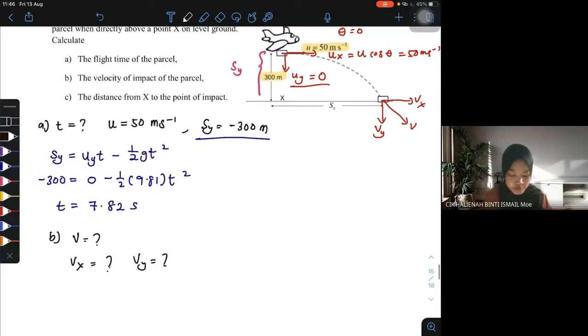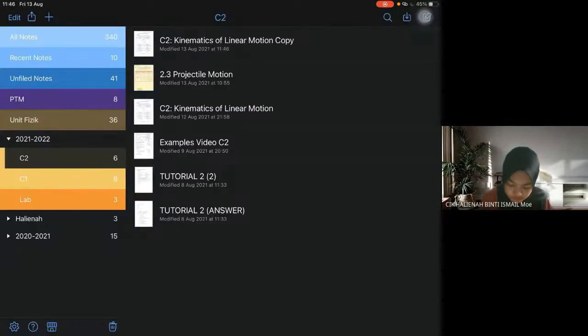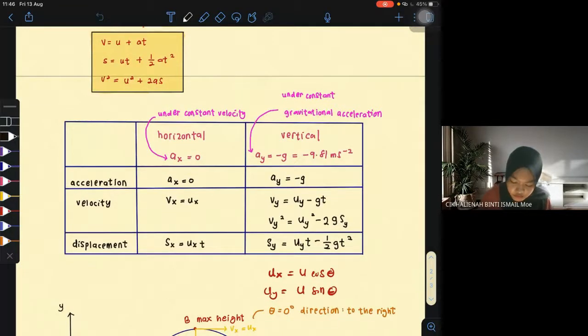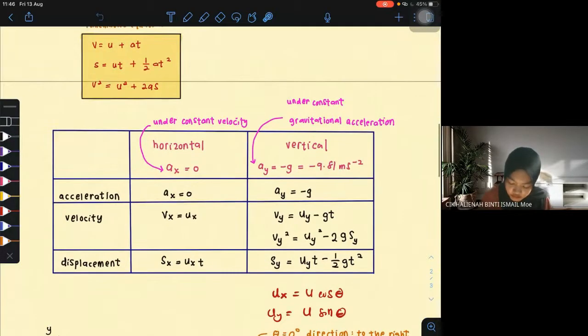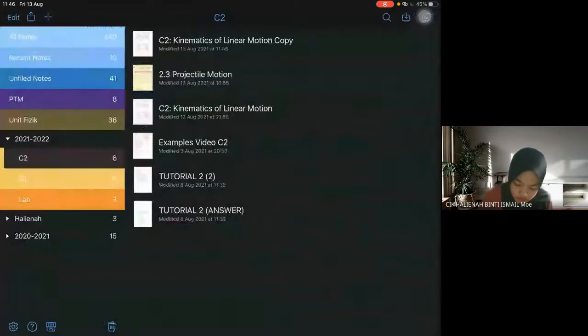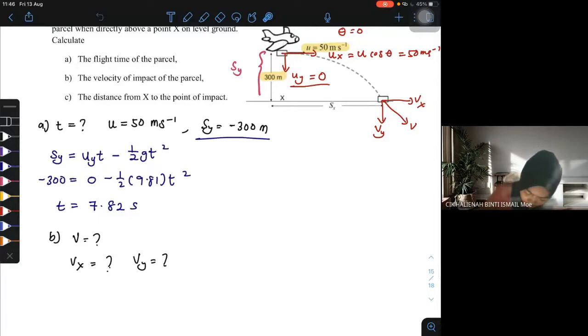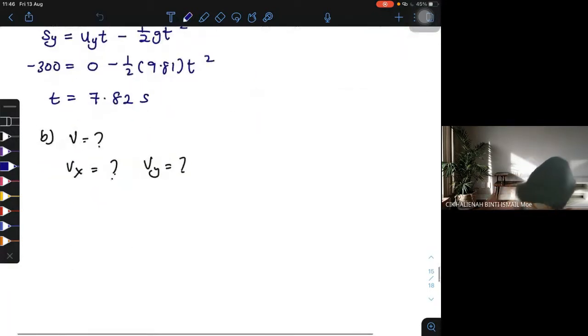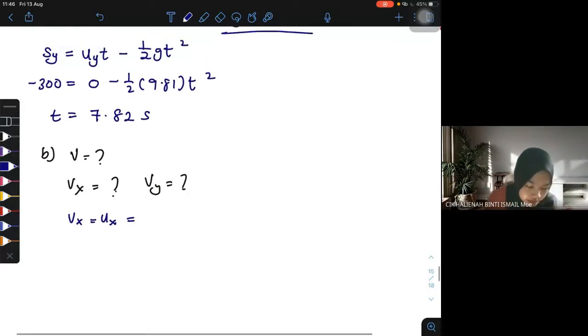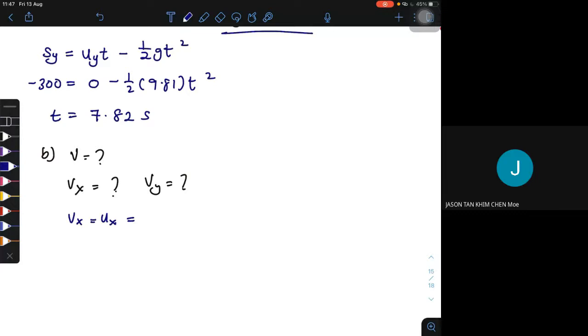Okay, so how to find Vx and Vy kat sini? Okay, so kalau rujuk semula dekat this one here, Vx adalah sama dengan Ux. Dan Vy pula kat sini adalah sama dengan Uy minus GT. Okay, kamu kena ingat lah. Vx sama dengan Ux, Vy sama dengan this one. So Vx is equal to Ux, which is equal to 50.